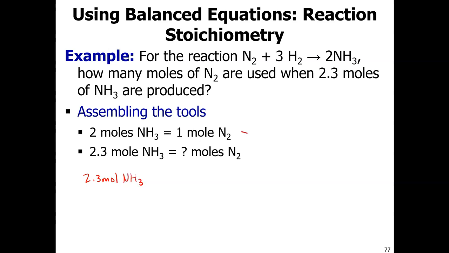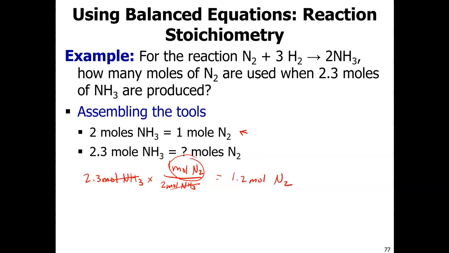Now we can use this conversion factor to cancel out the NH3 moles. For every 2 moles of NH3, we will have 1 mole of N2. The moles of NH3 cancel out, and we're left with moles of N2. So we take 2.3 and divide it by 2, which gives us 1.2 moles of N2.